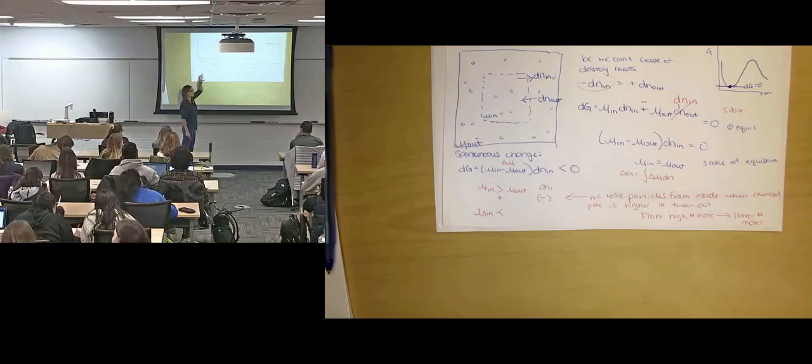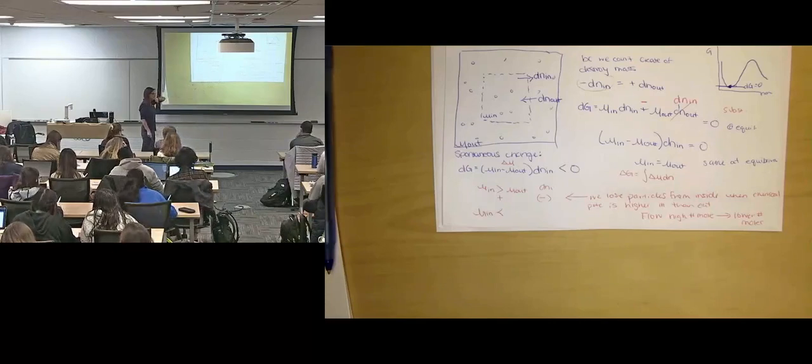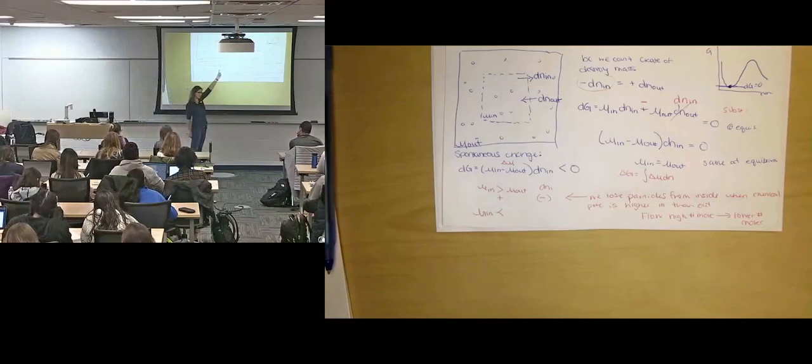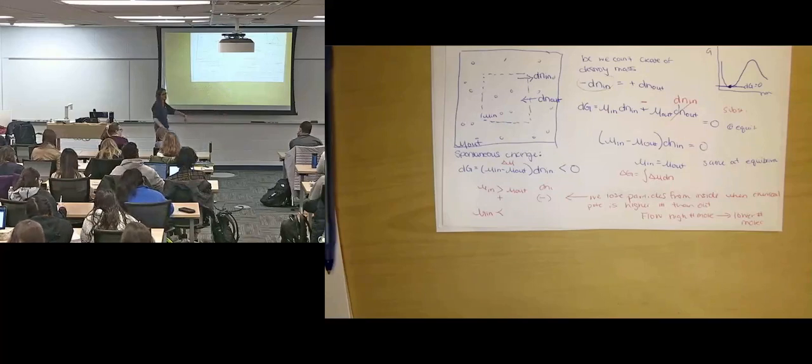The number of moles in is decreasing when they flow out. So dN would be a negative number. Yes? Like I'm asking for this term here, what's happening to the number of moles on the inside? And so the direction they're flowing is out, so the number on the inside is going down. Change would be negative from like sort of final state inside is a lower number than initial state inside, hopefully.